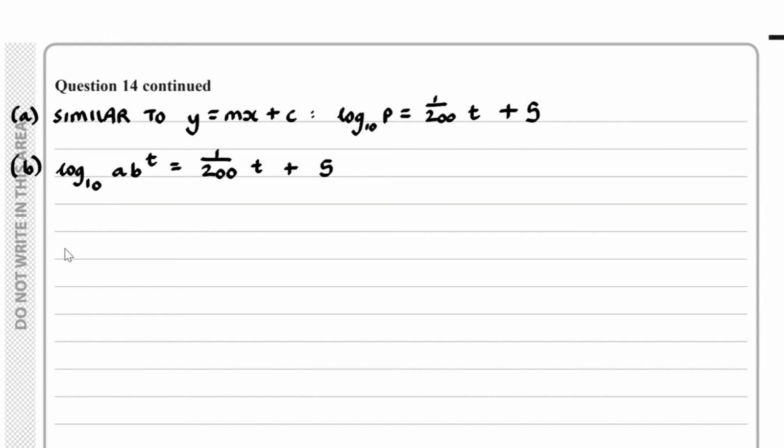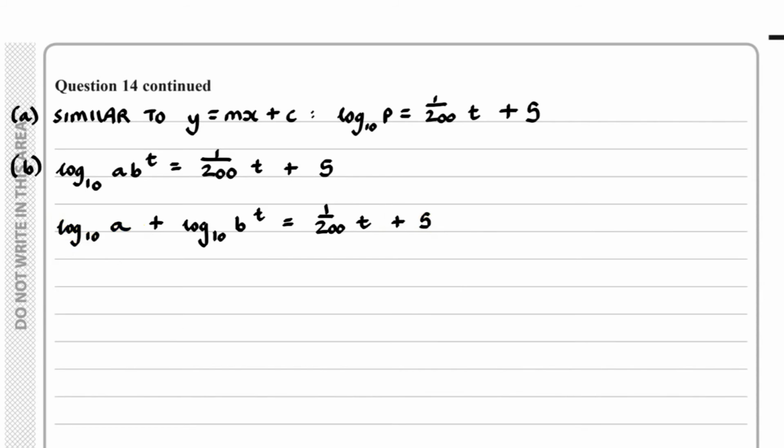And if I use the addition law on the left hand side, I've got log base 10 of A plus log base 10 of B to the power of t equals 1 over 200 t plus 5.